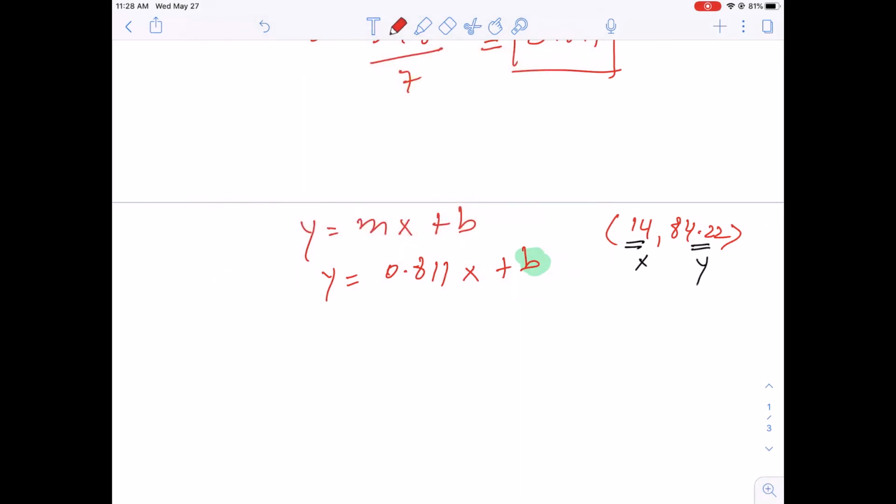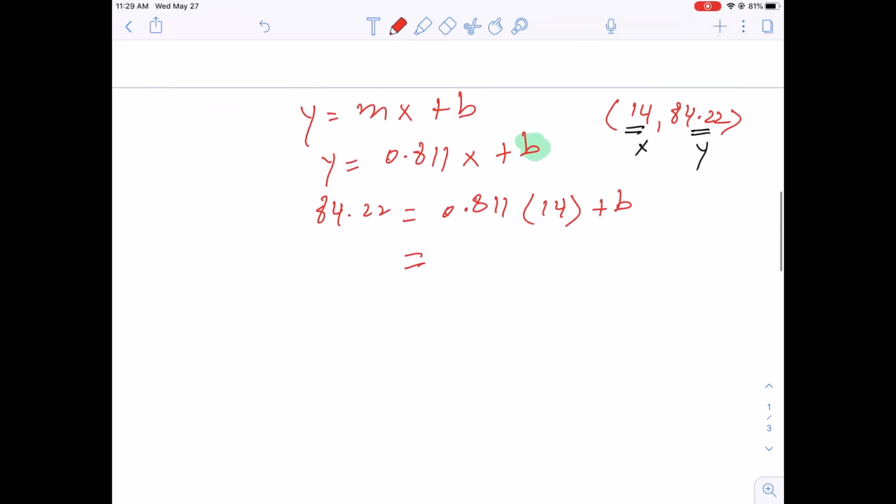I will replace this y with 84.22, equals 0.811x. So I'm going to substitute that x with 14, plus b, because b is our unknown.